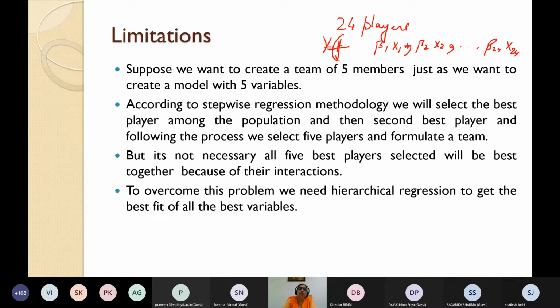Now you want to form a team of 5 members so that the basketball team can be made.